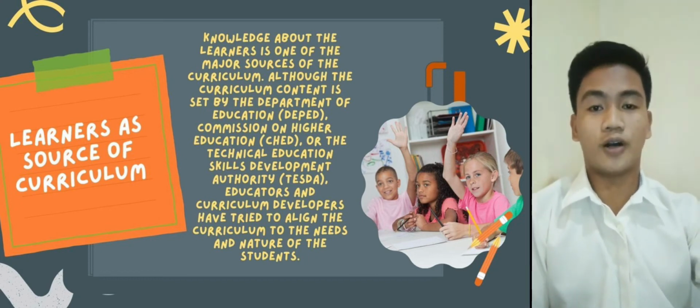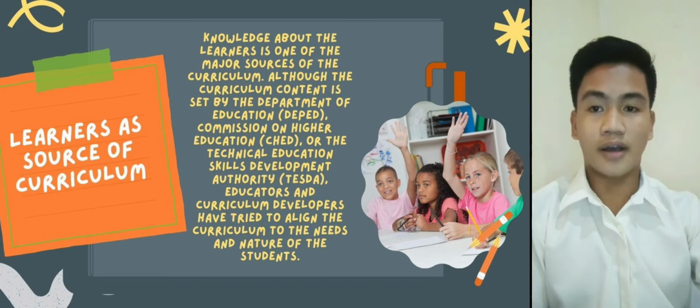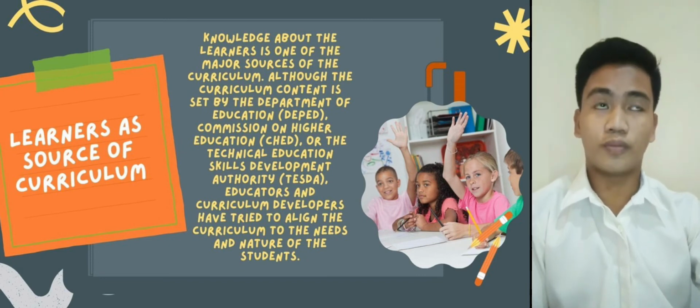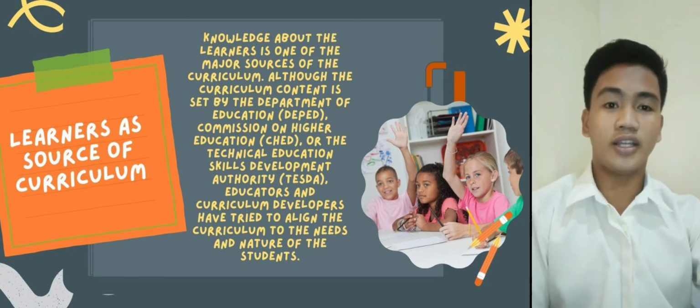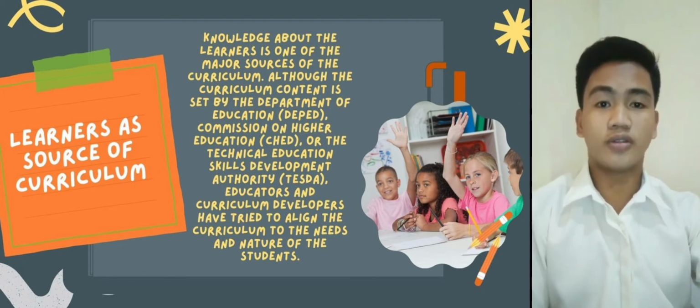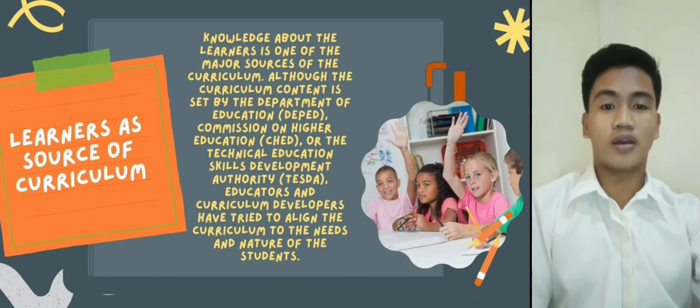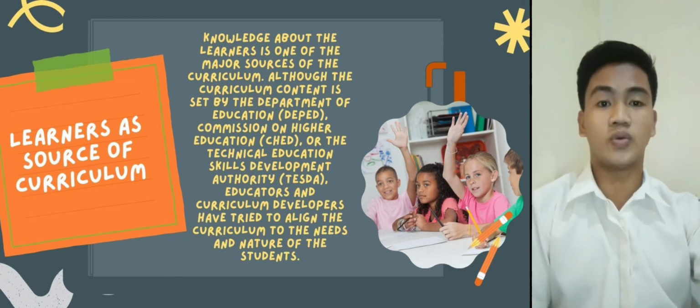For example, on TESDA, they need to develop something that they can do. For example, on IT, they need to know more about information technology, and that will help the students gain more knowledge about it.